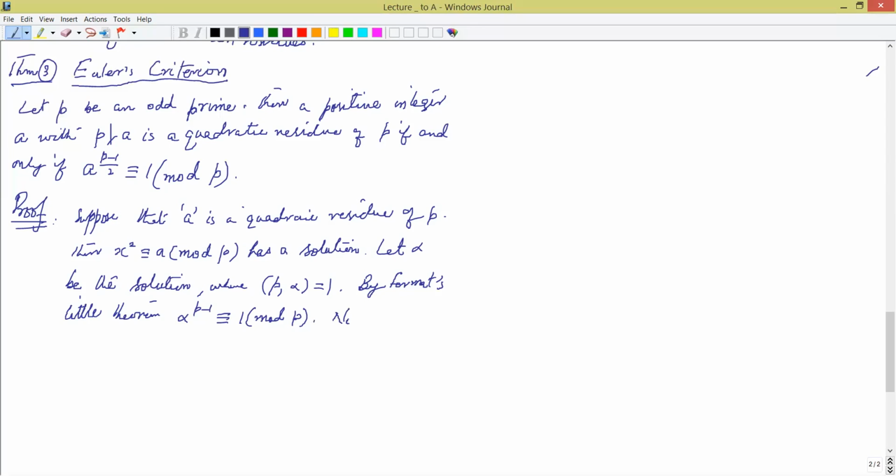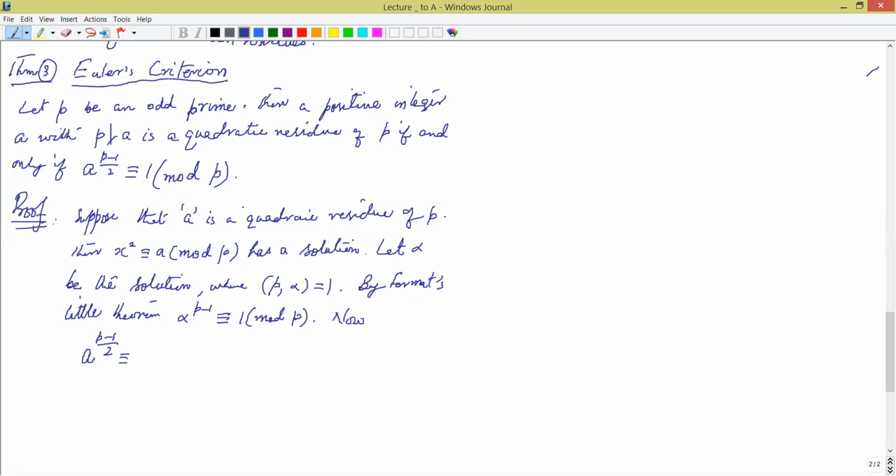Now we have to show a to the power (p minus 1) by 2 is congruent to 1. Because a is a quadratic residue and this equation is solvable, alpha satisfies this quadratic congruence.